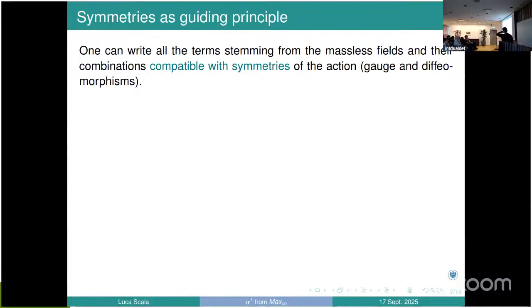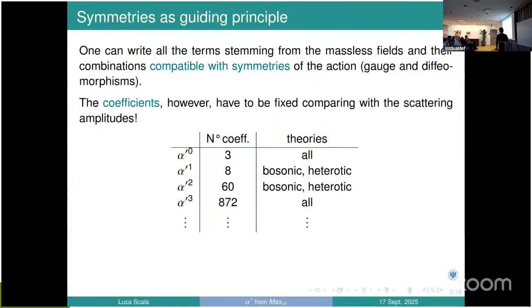So let's review the way in which we usually find these corrections. One can consider all the possible corrections that are compatible with the symmetries of string theory. But the symmetries of string theory do not fix the coefficients of these corrections.